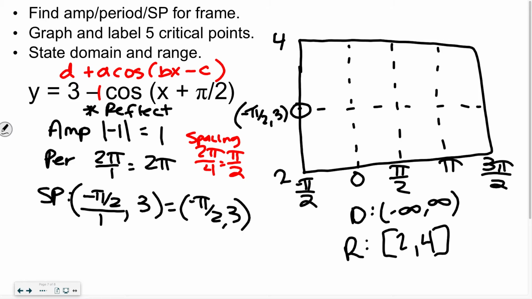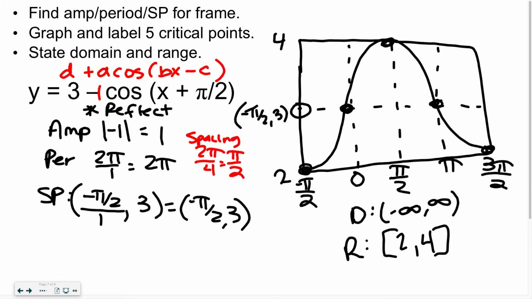You can check if your spacing is right. 3 pi halves minus -pi halves is really 3 pi halves plus pi halves, which is 4 pi halves, which is 2 pi, which is my period. So that distance should be your period. And this one was a negative cosine, so I got to draw the reflected version. Okay, and then I could go through and label my points.